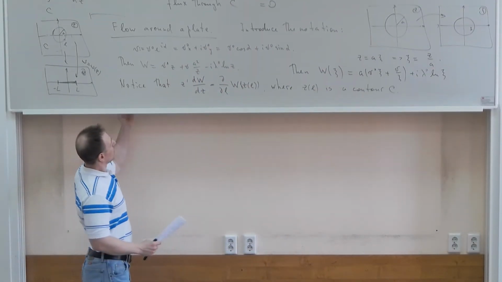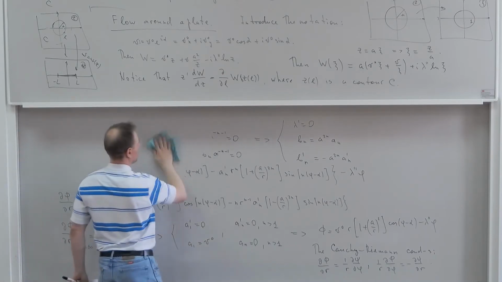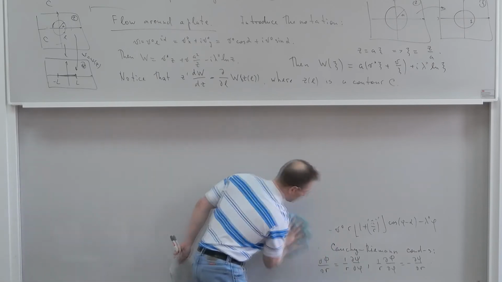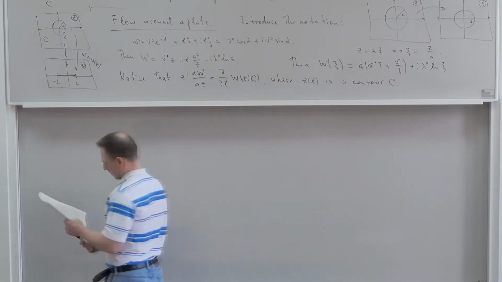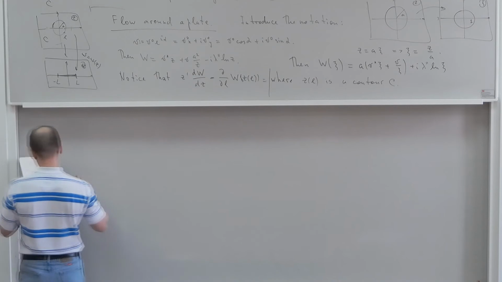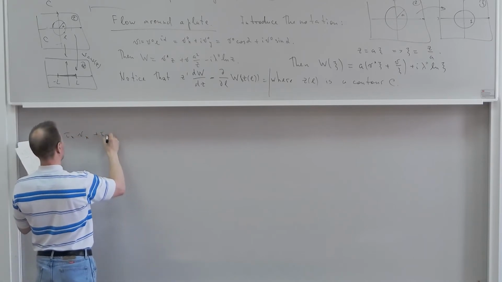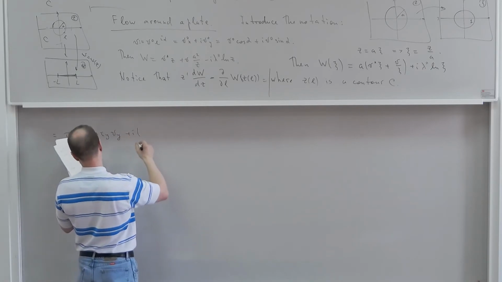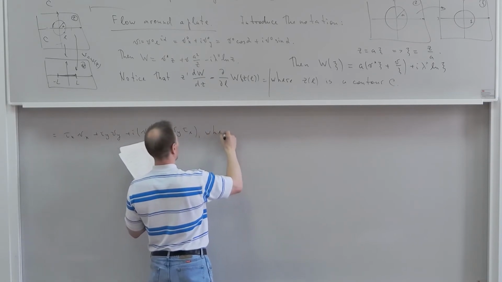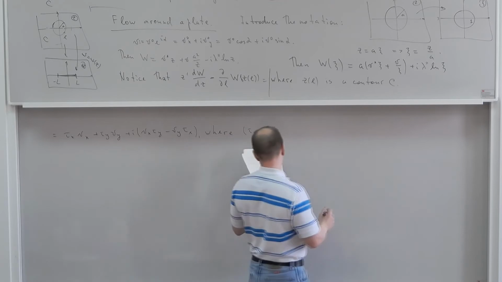Then we can rewrite this derivative in the following form, where tau x and tau y is a tangent vector to the contour C.